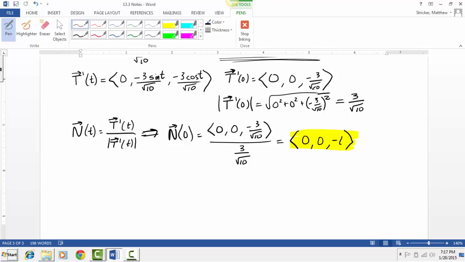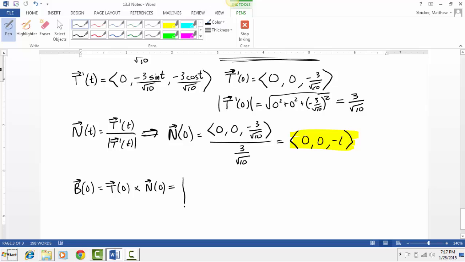Okay, we could also go ahead and calculate the binormal vector at 0, and that's just a simple cross product. We want to calculate that at t equals 0, so B at 0 is T at 0 crossed with N at 0.